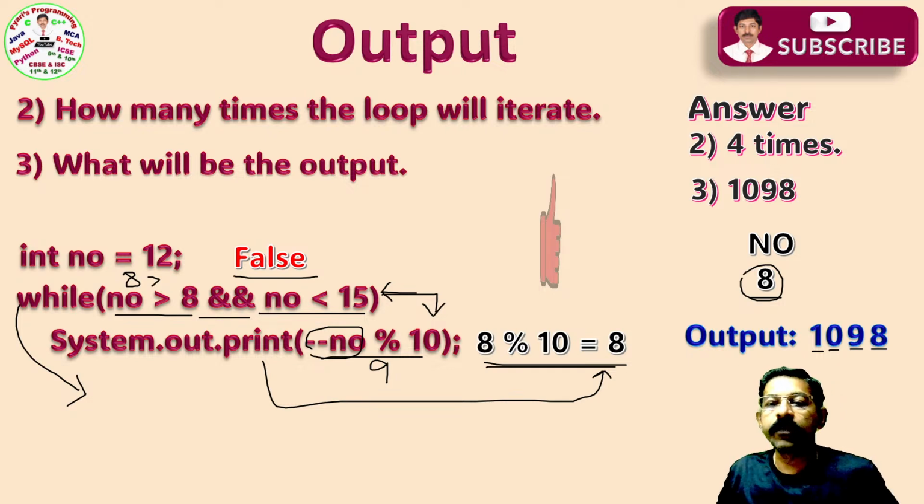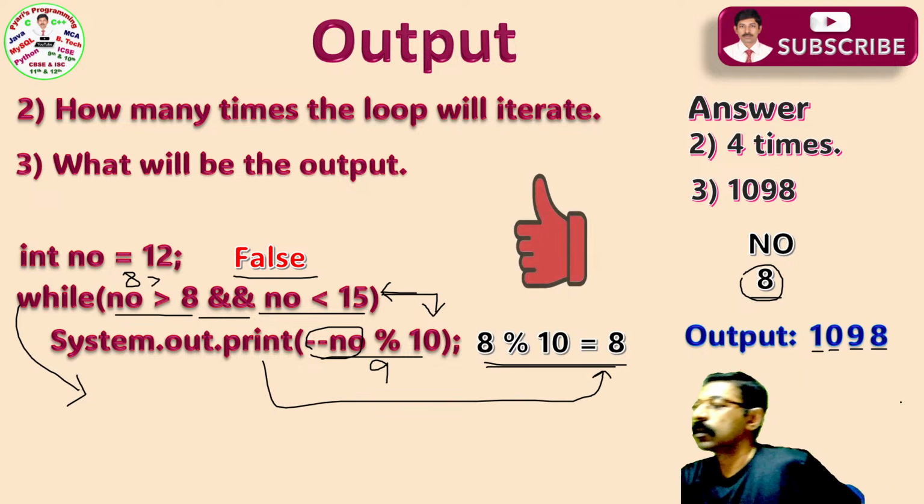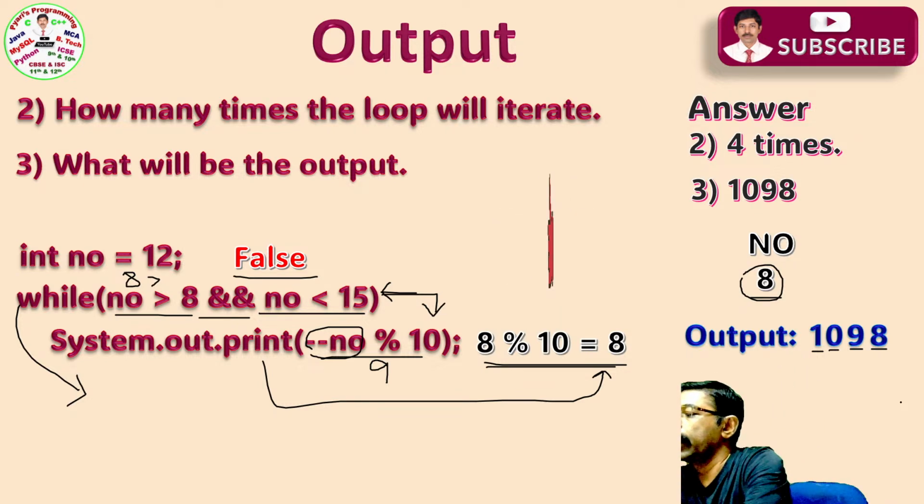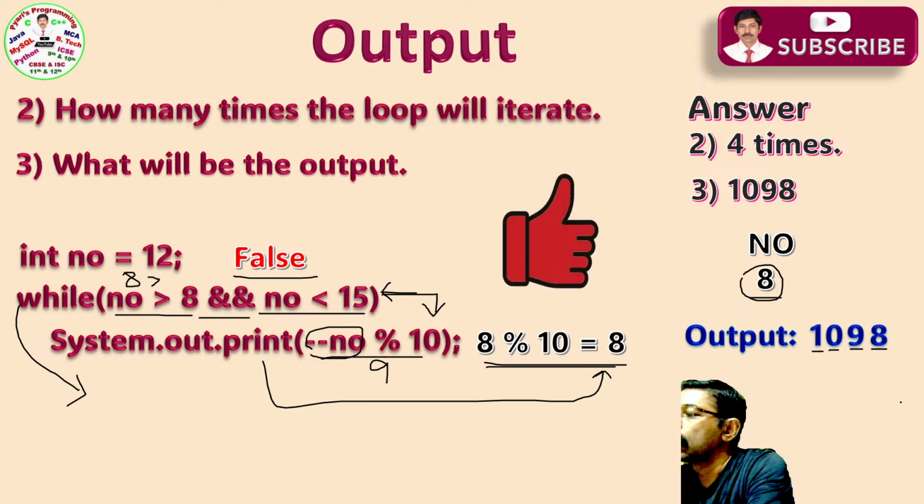Sahil has also given the correct answer. Let me check Sahil's answer. I think I might have not observed your answer. Others can check Sahil's answer too. Sahil, 1098. And yes, I got Sahil 1098. That loop will execute 4 times.